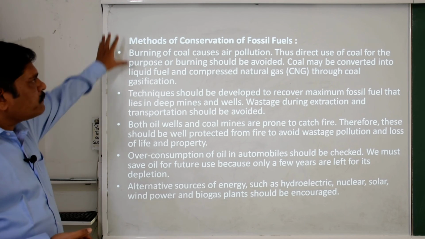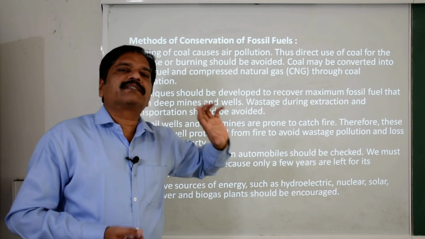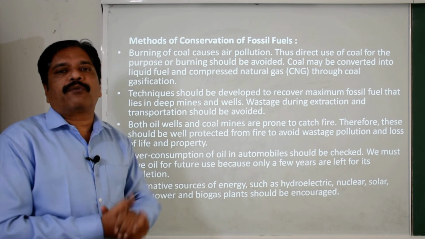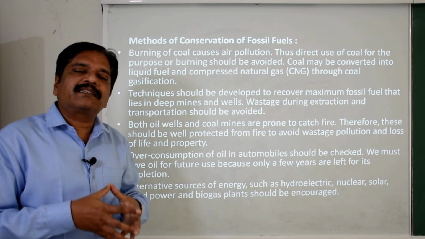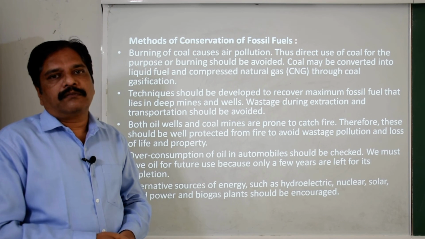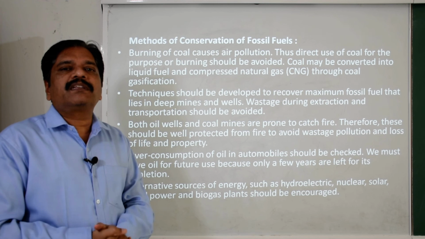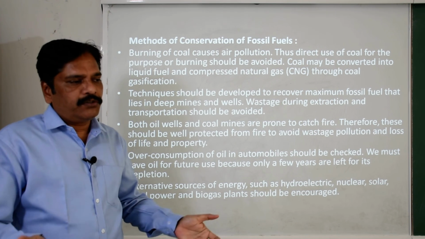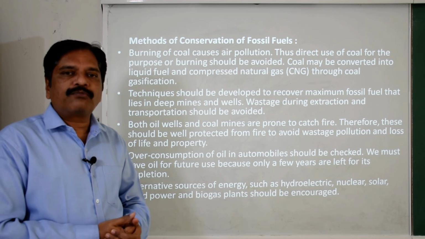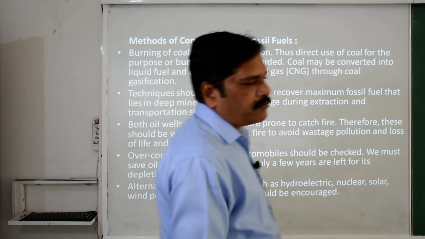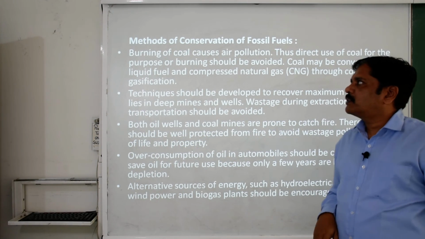So this fossil fuel is the lifeline of this modern period. It is a basic fuel which is used to run all automobiles and transport facilities, and all this is purely based on this one thing.